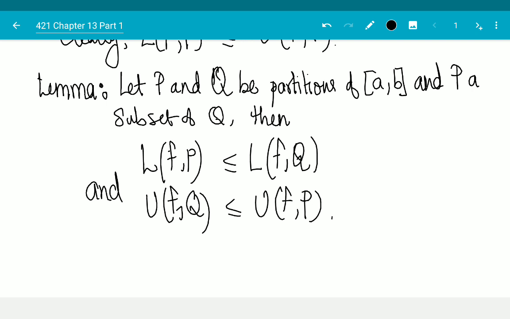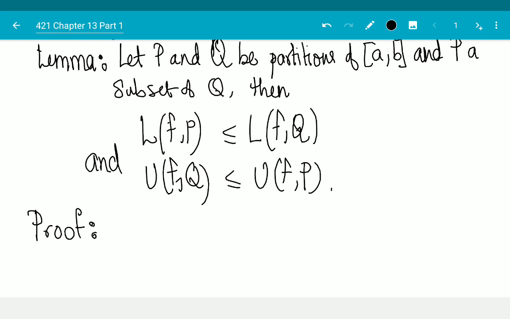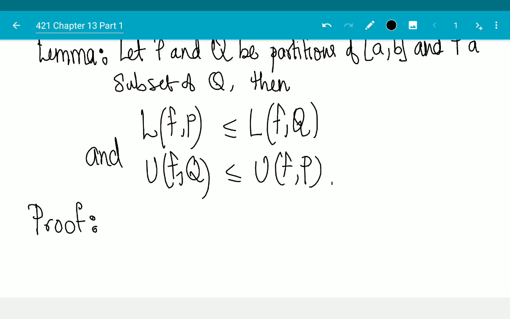P is a subset of Q means Q is a finer partition, so you're dividing it into more parts in Q. So if you're making a finer partition, your lower sum actually increases and your upper sum actually decreases. And it's actually quite easy to understand, right? Because if all my points in P are in Q, then the minimum on each interval is going to be either the same or bigger, right?